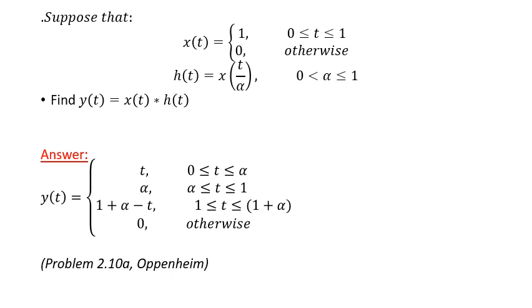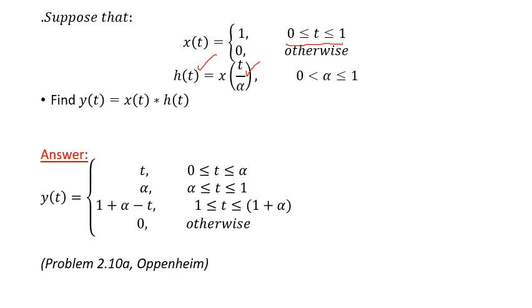Let's consider another example where x of t is given as 1 for t equals 0 to 1, and h of t is given in terms of x of t, where the independent variable is scaled by a factor of 1 by alpha.